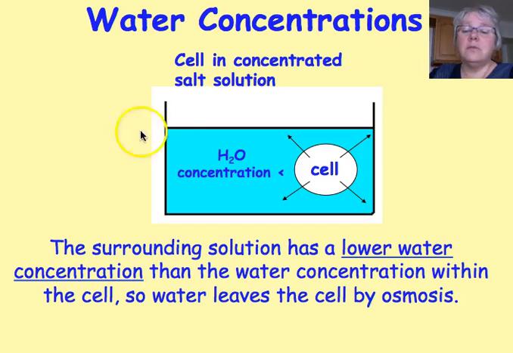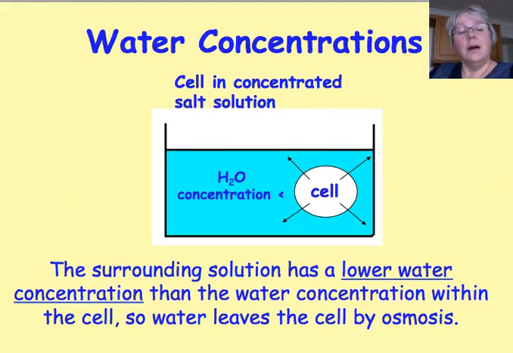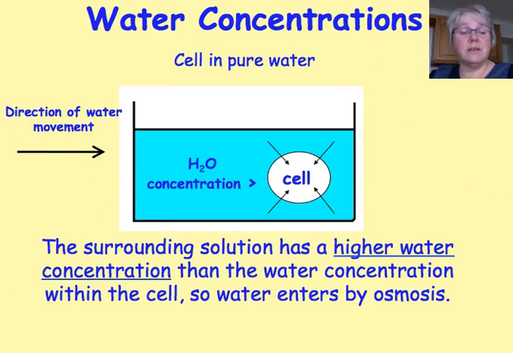If, on the other hand, we were looking at a cell here, and it's in a concentrated salt solution, it will lose water from the cell, so the cells will lose mass. And in the same way with the cell that's in the pure water solution, it will gain water. And because it gains water, then the cells will gain mass. And that's important sometimes when we come to have a wee look at osmosis questions.